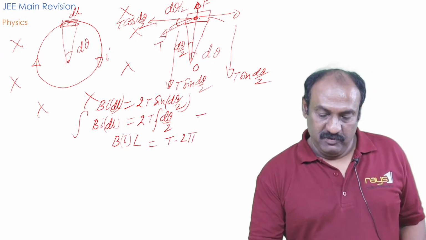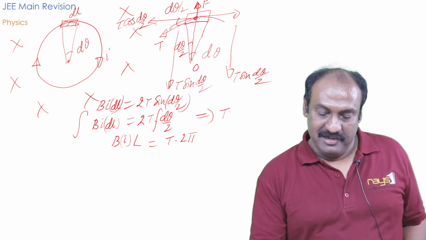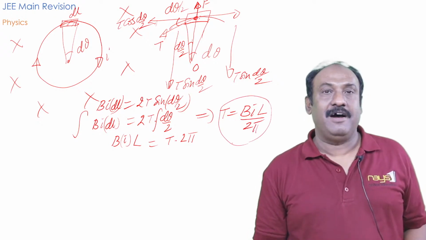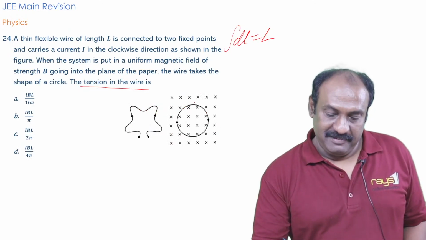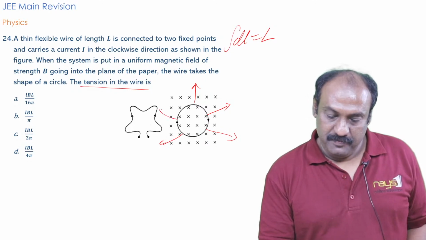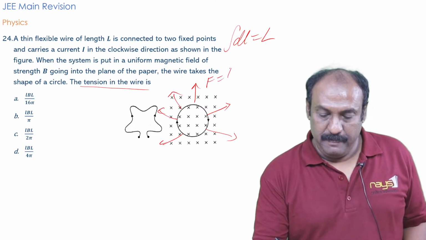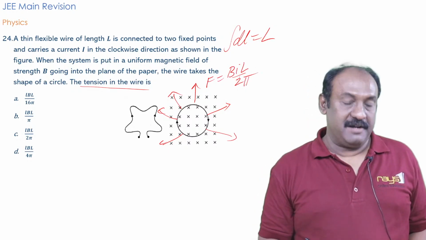So from this we get the tension in the string, which at any point acts in the radially outward direction, T equal to BIL by 2 pi. BIL by 2 pi is the equation for tension in the string. Tension in the string acts at each and every point in the radially outward direction. So that value, F equal to BIL by 2 pi, is the answer for question number 24.